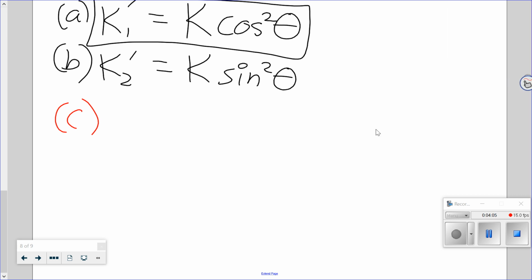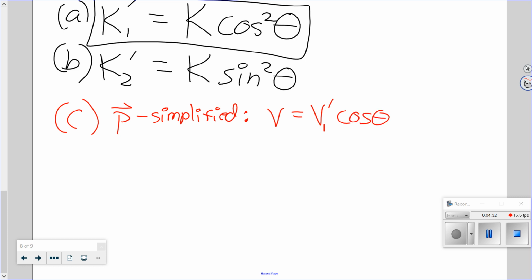So here's what you do. You take those momentum equations, simplified, so I divided off the masses. So v equals v1 prime cosine theta 1 plus v2 prime cosine theta 2, and then 0 equals v1 prime sine theta 1 minus v2 prime sine theta 2.